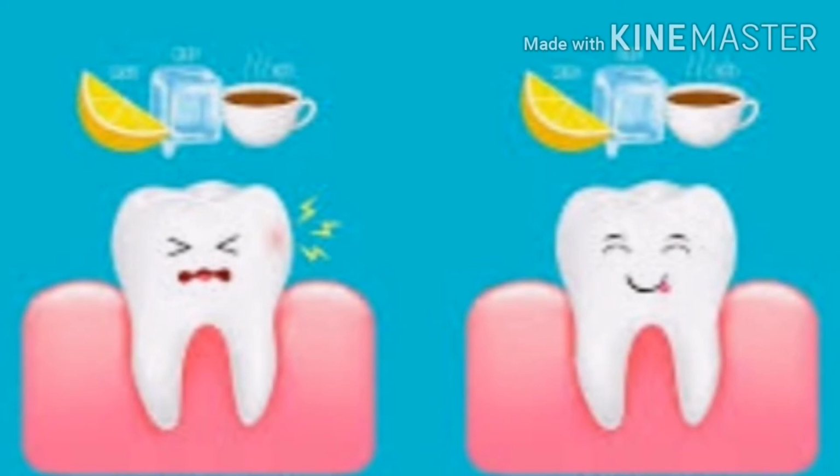The dentin is just below the enamel. It is made up of hard tissue and contains small microscopic tubes. When the enamel is damaged, heat and cold can enter the dentin and the patient feels pain or sensitivity.